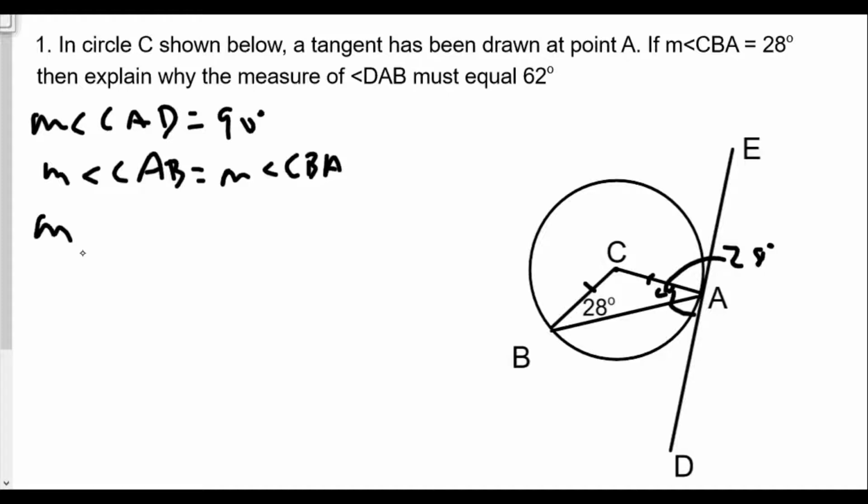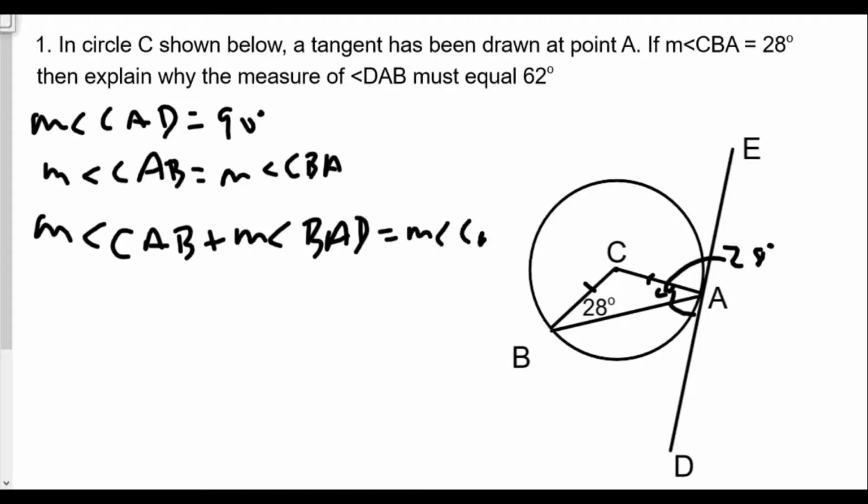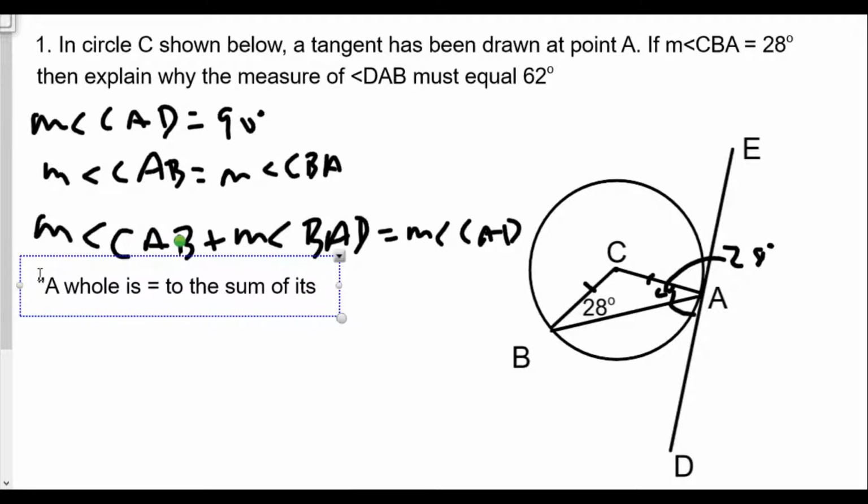Well, here's the thing. The measure of angle CAB plus the measure of angle BAD equals the measure of angle CAD. Our reason is a whole is equal to the sum of its parts. This is also known as the partition postulate.